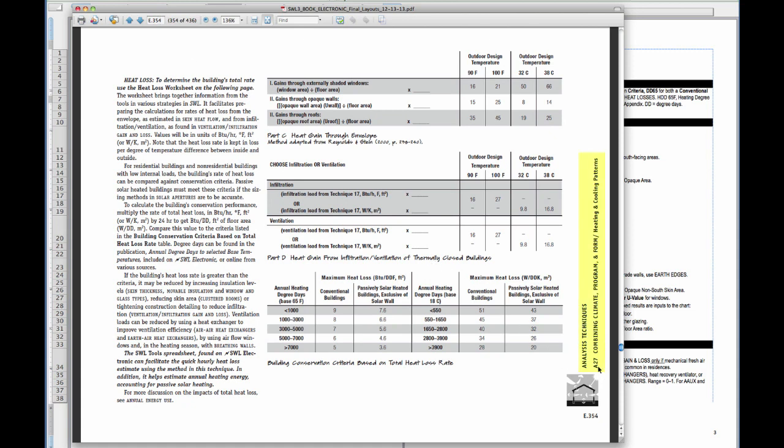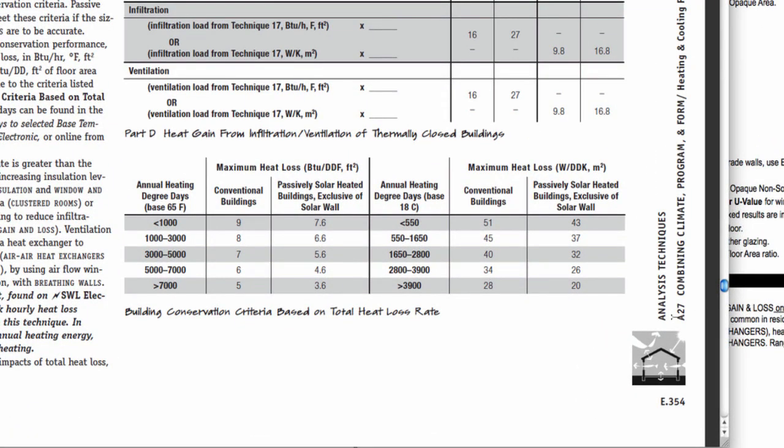This is in section A27 or analysis technique, A for analysis. This is the analysis technique called total heat loss and total heat gain. We're on page E354. So let's look at the table titled Building Conservation Criteria based on total heat loss rate. That's at the bottom of the page.